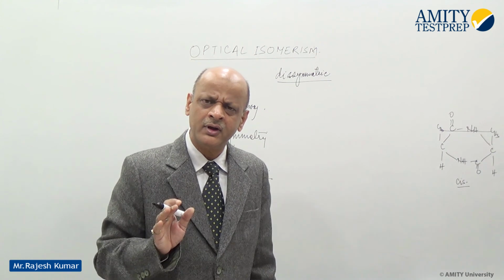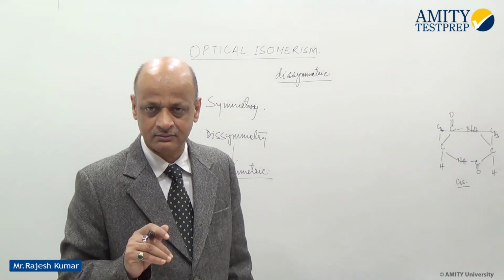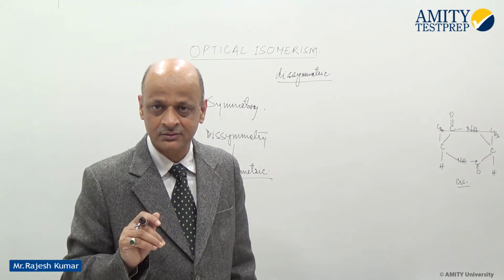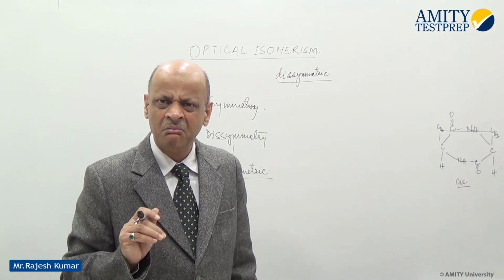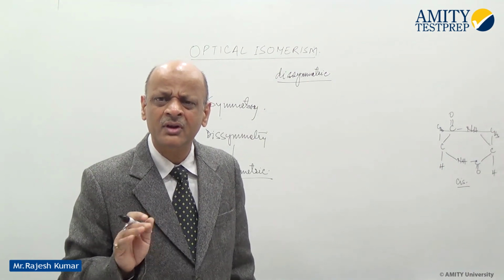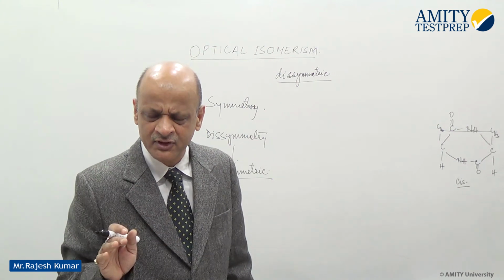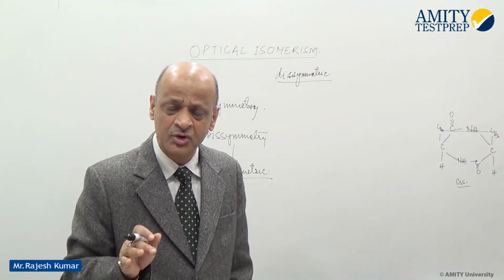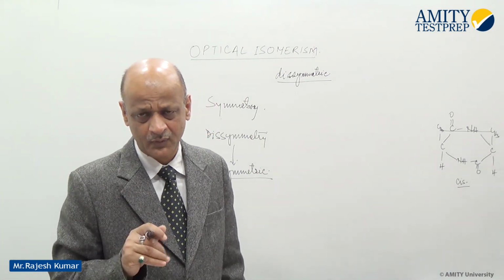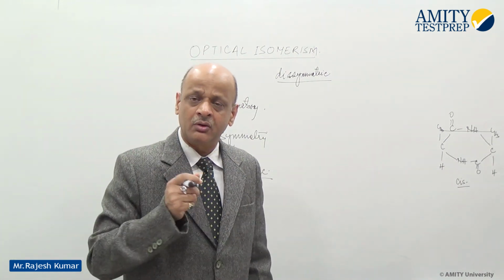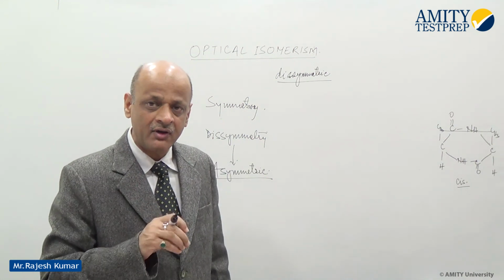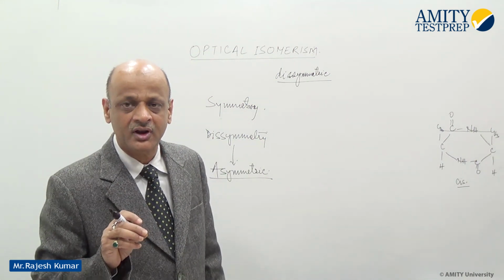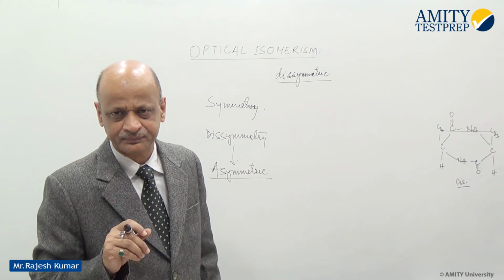It is also important to know maleic acid and malic acid. Maleic acid is a geometrical isomer having a double bond within the molecule, while malic acid is an optical isomer having a hydroxyl group at carbon number 2. So one is optically active, another is a geometrical isomer that exhibits geometrical isomerism.